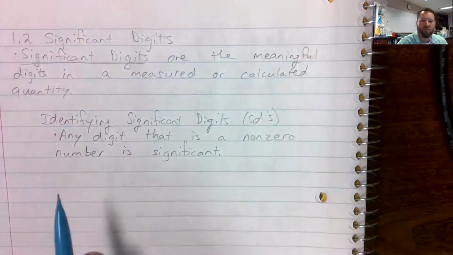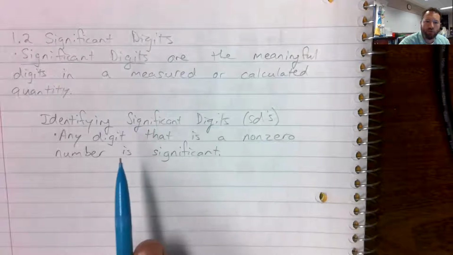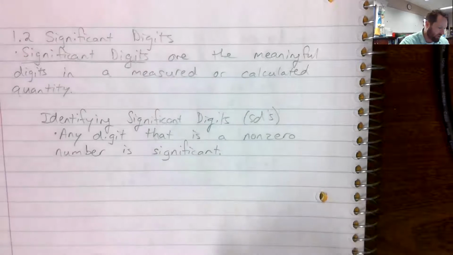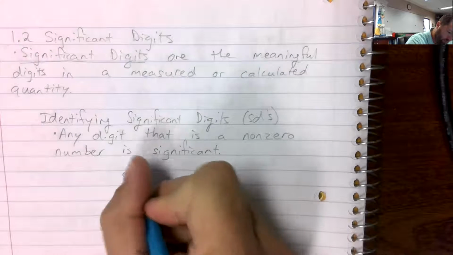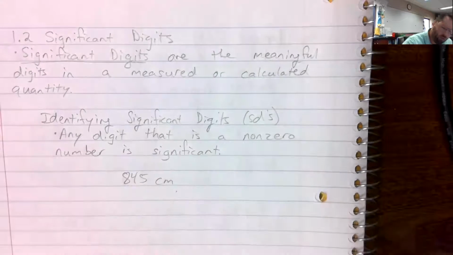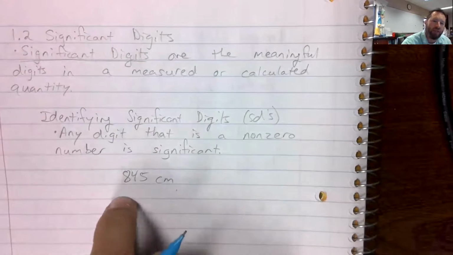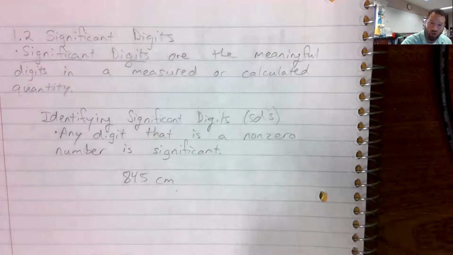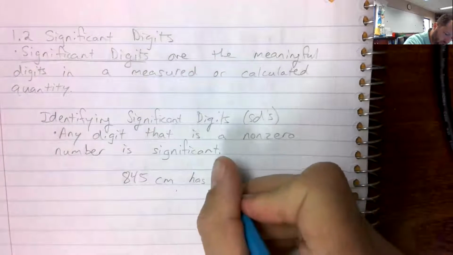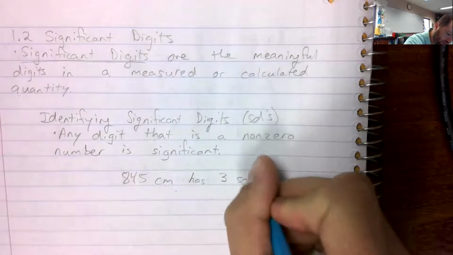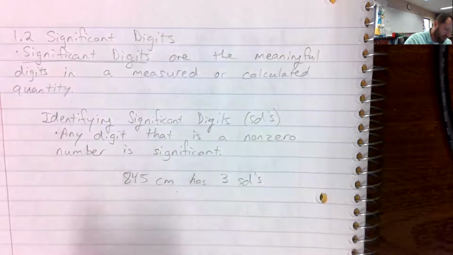So our first rule here is that any digit that is a non-zero number is significant. So a couple of examples, if we have a measurement for say, like 845 centimeters, well, the 8, the 4, and the 5, they're all not zero. So this value would have 3 significant digits, the 8, the 4, and the 5.